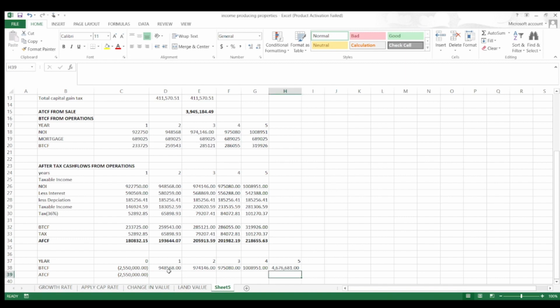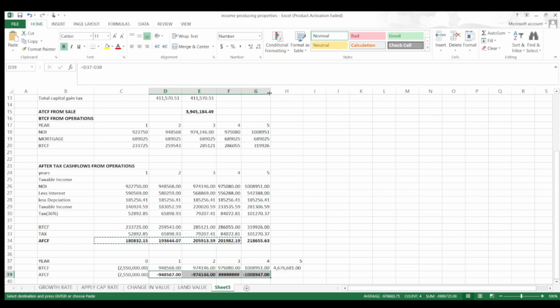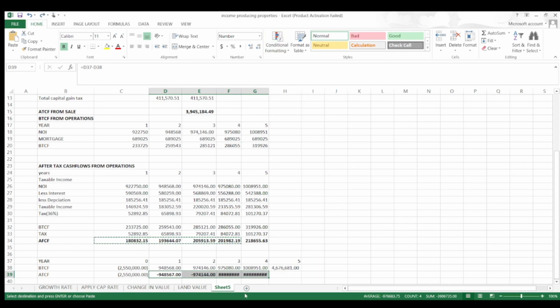Okay, and the same applies for the second case where we're looking at the after tax cash flows. Now we only need to copy the figures only.